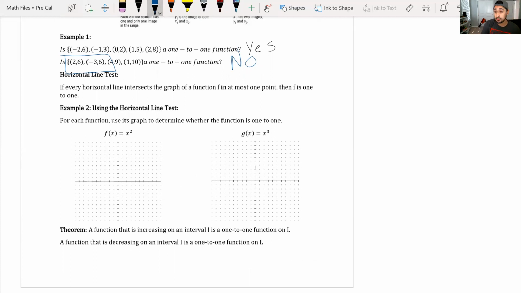We know that x squared is the graph of a parabola, so this opens up. Now, if I were to draw a horizontal line through it, we see that I intersect it twice. And to be a one-to-one function, the horizontal line has to intersect only once. So x squared, unfortunately, is not one-to-one.